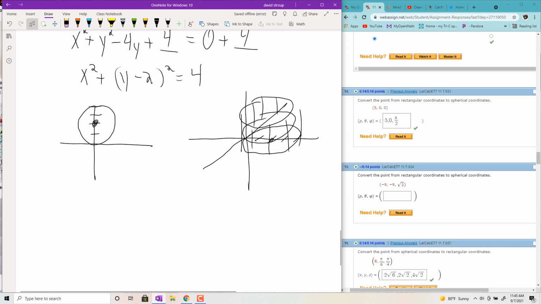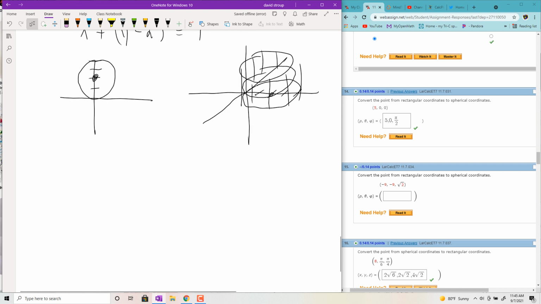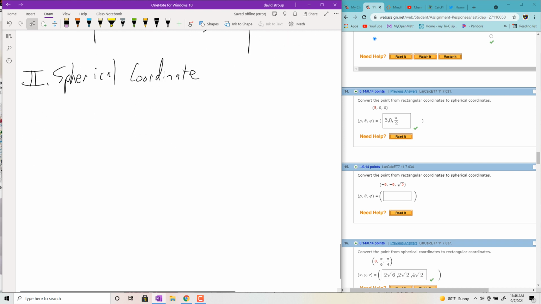Once you wrap your brain around those, we get to something that is a bit different, spherical coordinates. But you can leech off the polar coordinates again in order to produce the spherical coordinates. Spherical coordinates are good when you're dealing with spheres. Cylindrical coordinates are good when you're dealing with cylinders.